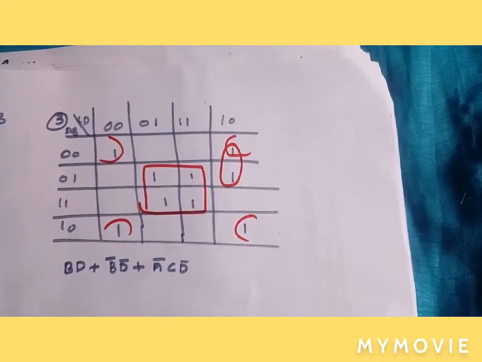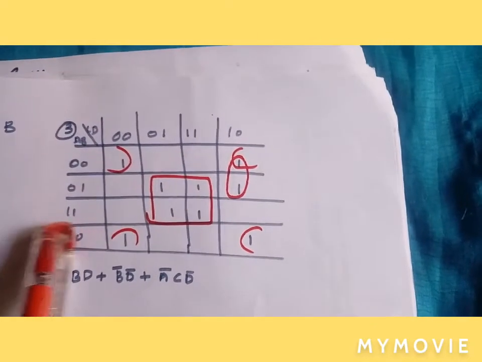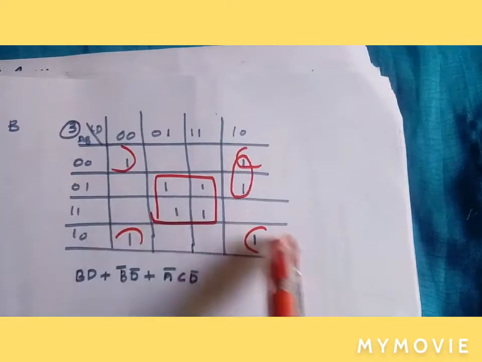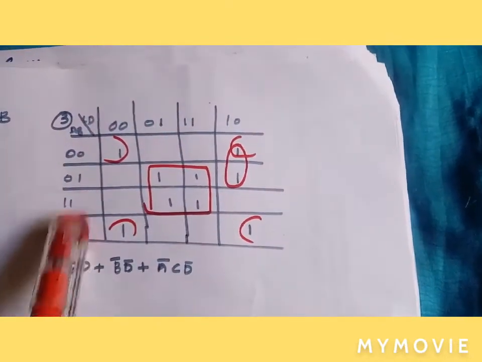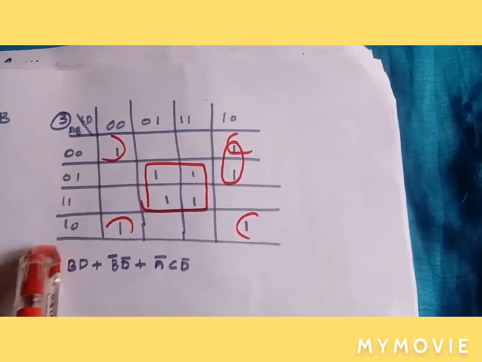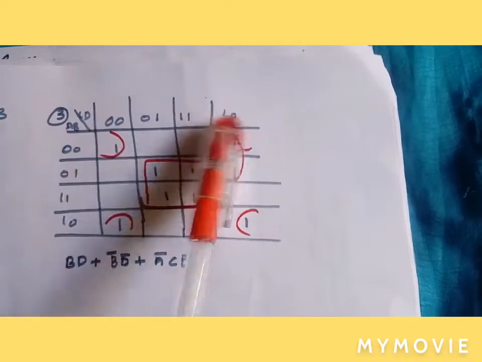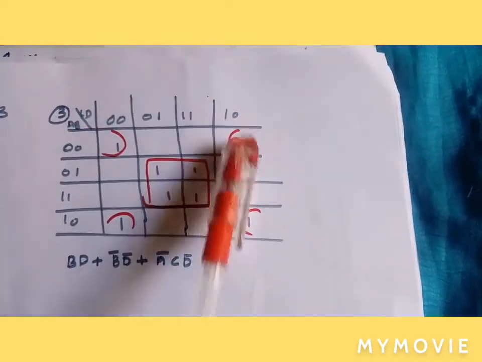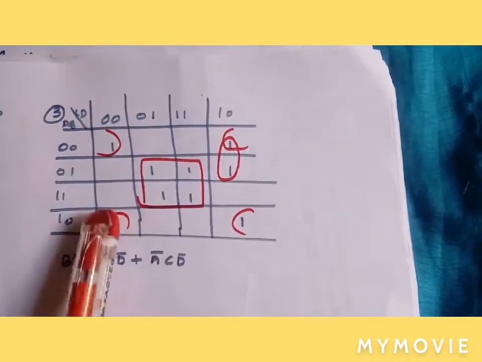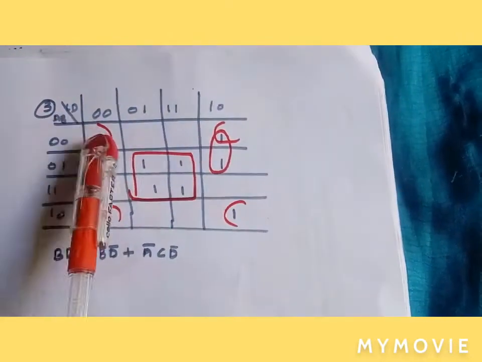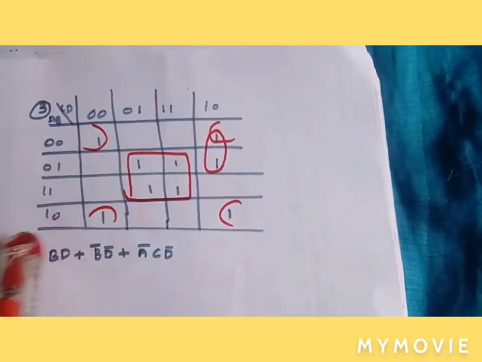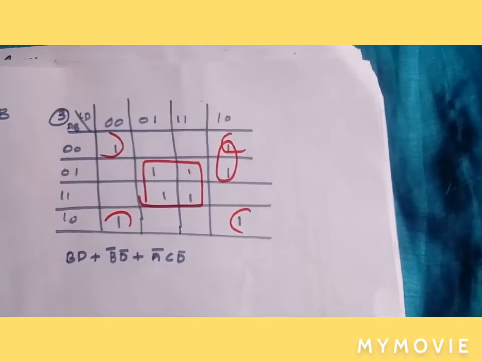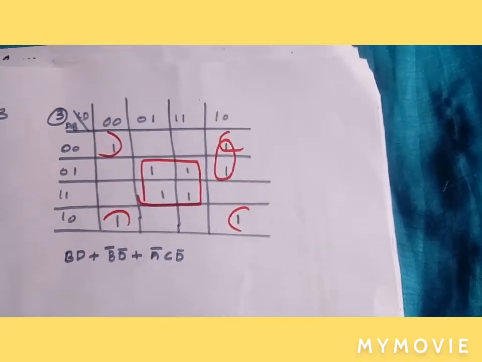And here in the other quad, B bar is not changing, and D bar is not changing. So for these 4 ones, the corner 4 ones, B bar and D bar are not changing. So the answer is B bar D bar.